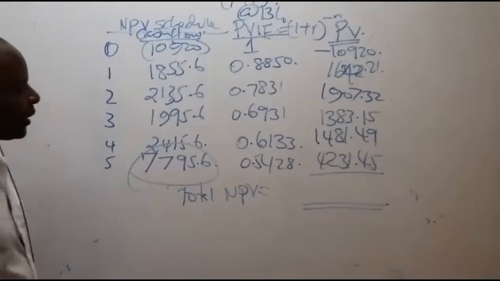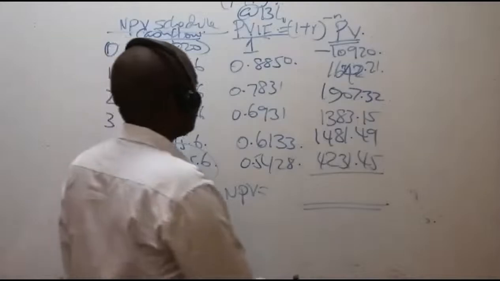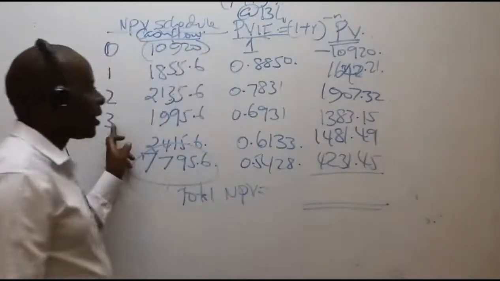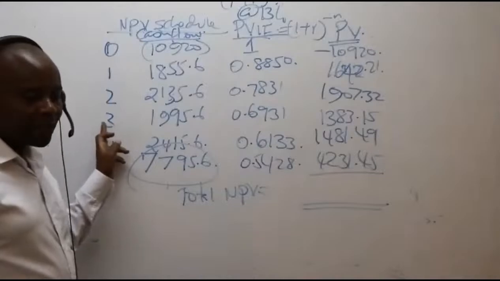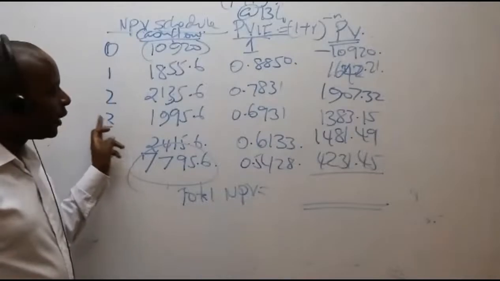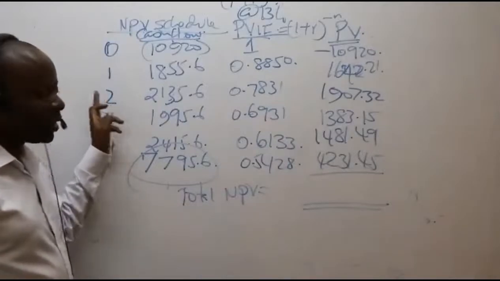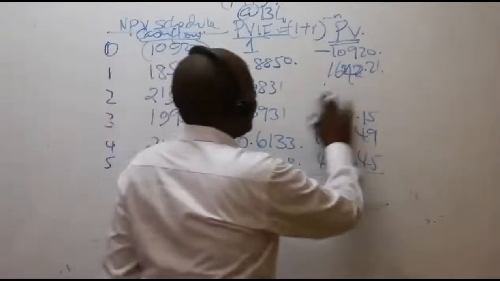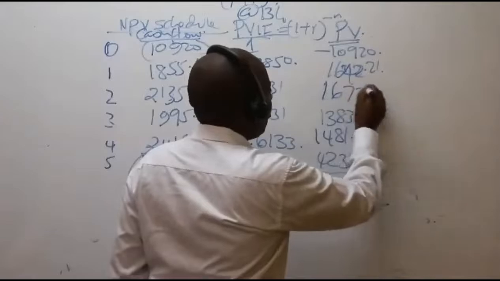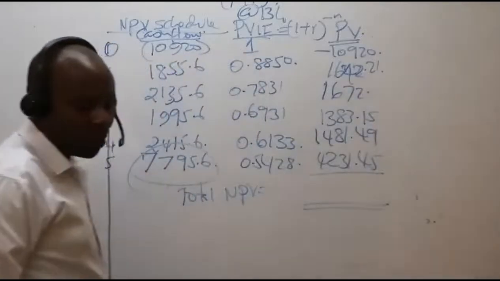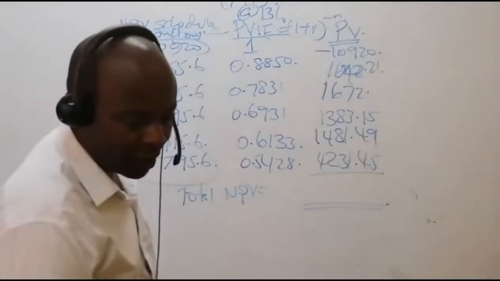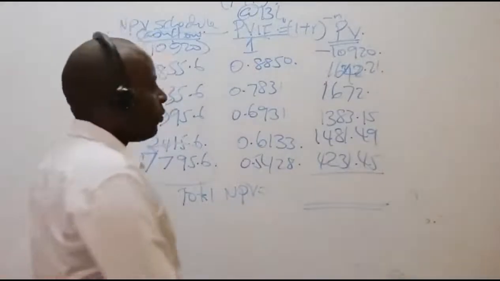Third figure is supposed to be 1670. Now, the third figure, are we talking of the third year or second year? Year 2. Year 2 is supposed to be 1672.39. Thank you very much.